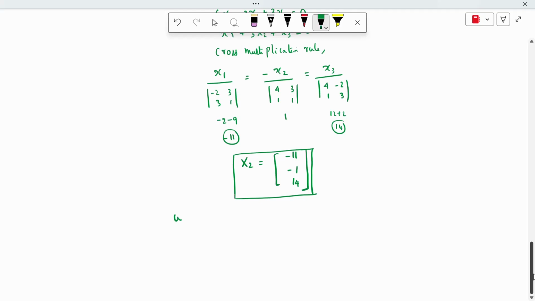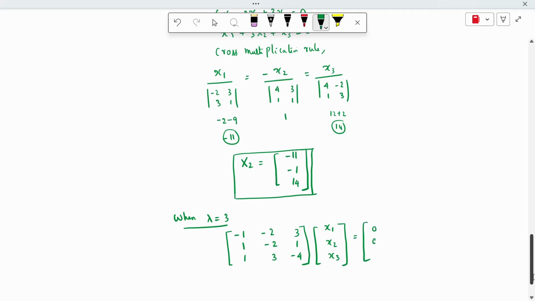Same way, go with your third vector when lambda equals 3. So you substitute lambda equals 3 in the equation. When I substitute it, I'm getting minus 1, minus 2, 3, 1, minus 2, 1, 1, 3, minus 4, into x1, x2, x3 equals 0, 0, 0.